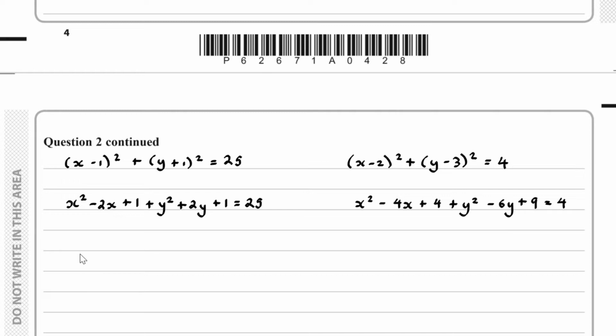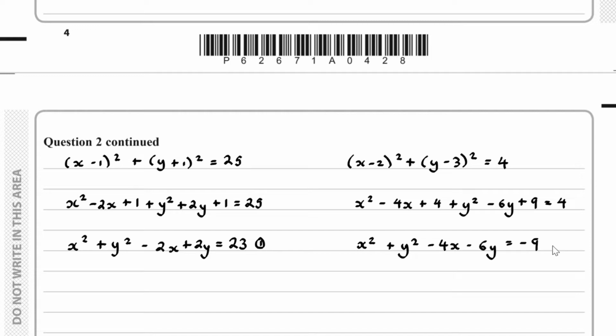And if we tidy this equation up, you can see we end up with x squared plus y squared minus 2x plus 2y equals 23. And if we tidy this equation up, you can see we end up with x squared plus y squared minus 4x minus 6y equals minus 9.